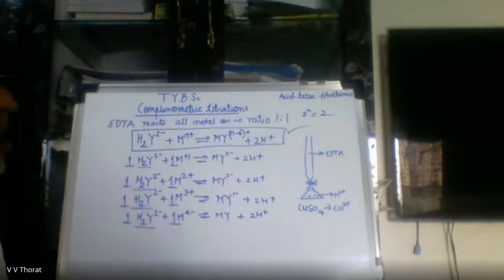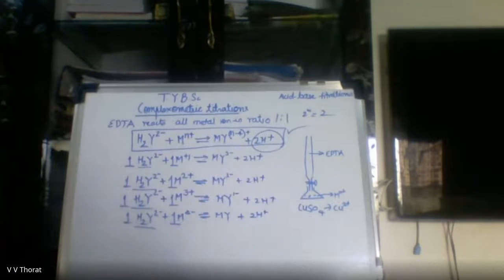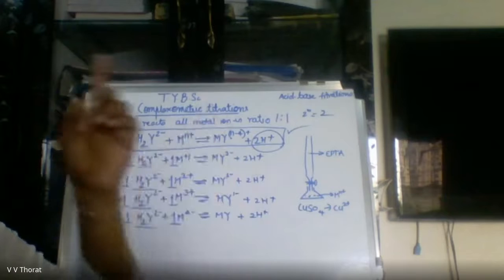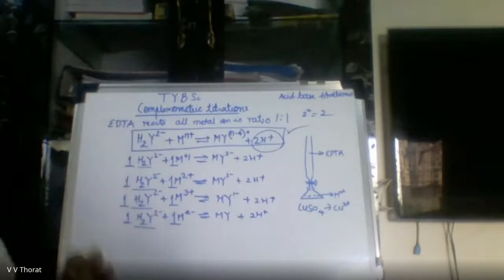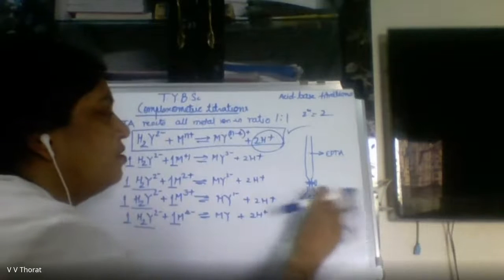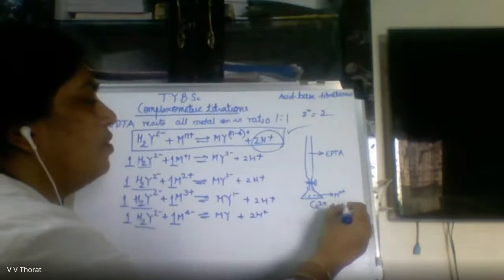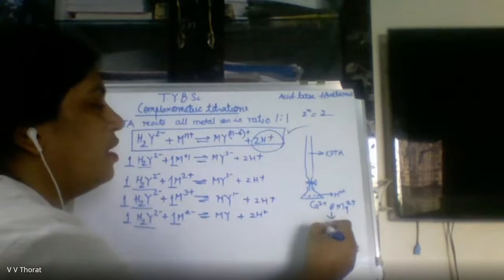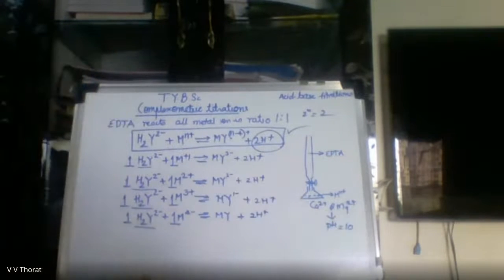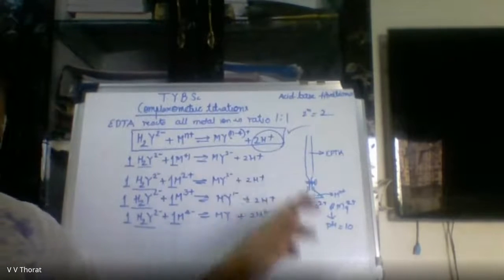Now, very important next point is, since H plus are liberated in the reaction everywhere, what happens? These titrations are pH dependent. You have to adjust the pH properly. We have seen in the practical titration of calcium and magnesium in talcum powder, right, calcium and magnesium we titrated. We adjusted the pH to 10. Only in alkaline medium will calcium and magnesium form complex with EDTA.